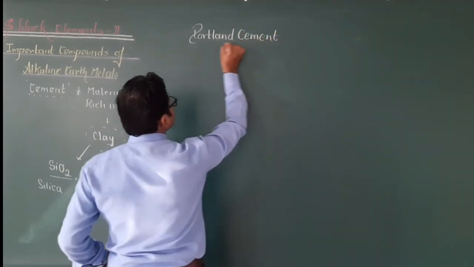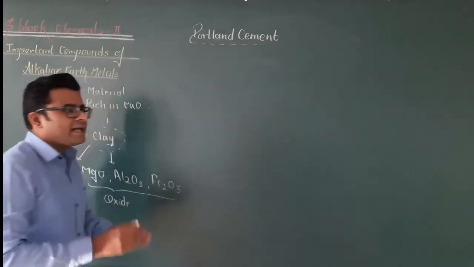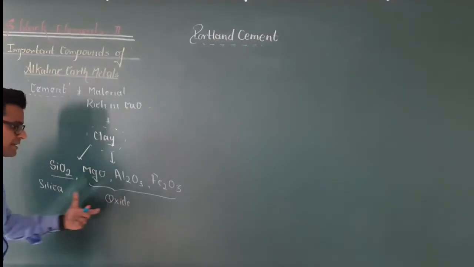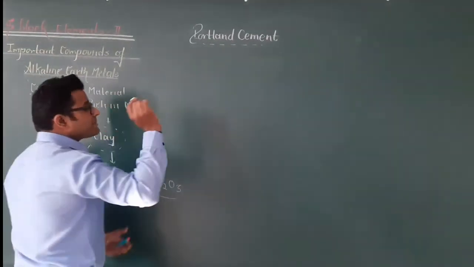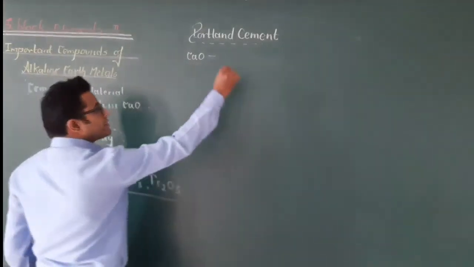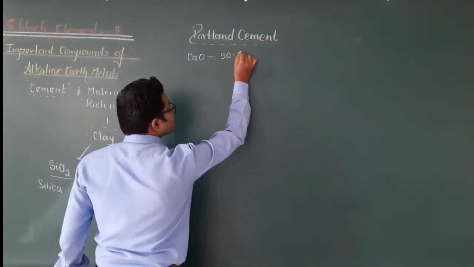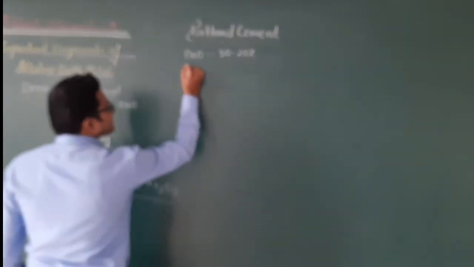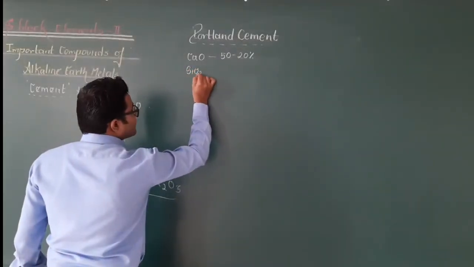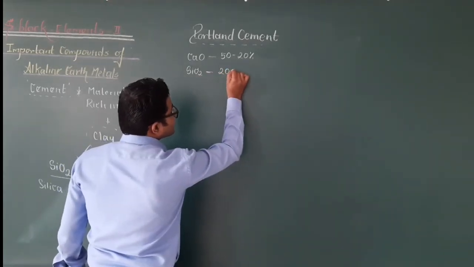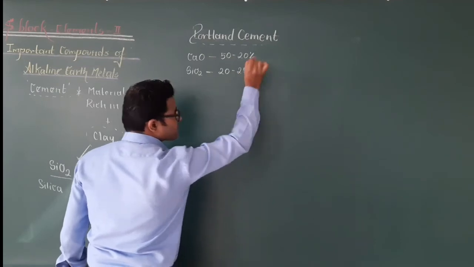When we observe Portland cement, it has a perfect ratio, perfect percentages of various components. Calcium oxide is around 50 to 60%. The next is SiO2, present at 20 to 25%.